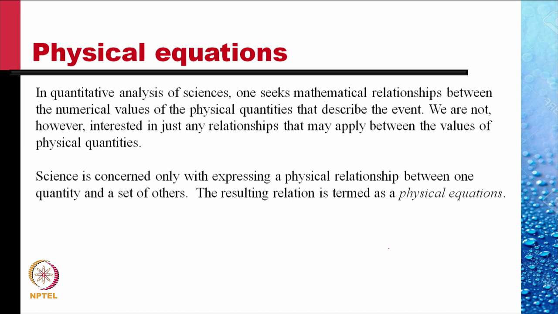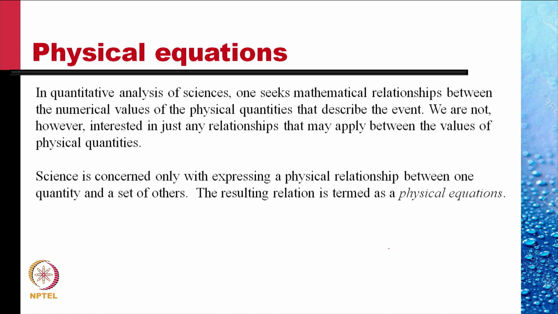In quantitative analysis of sciences, one seeks mathematical relationships between the numerical values of the physical quantities that describe the event. What is the velocity when a car travels 30 kilometers in 1 hour? What is the kinetic energy of a body of 1 kilogram moving at 1 meters per second?